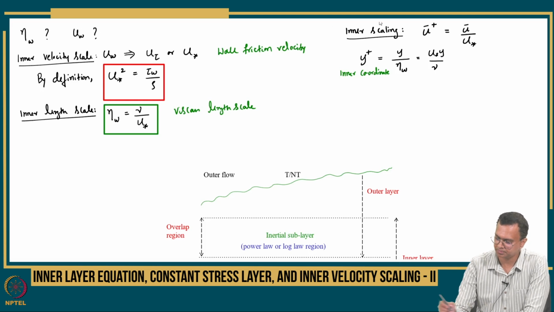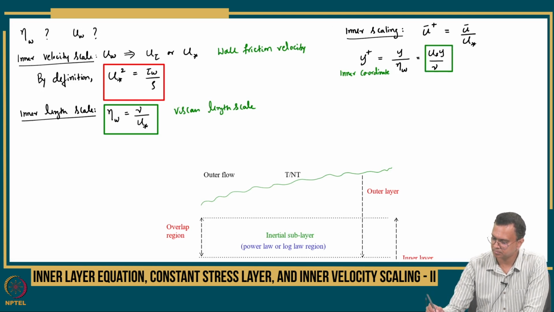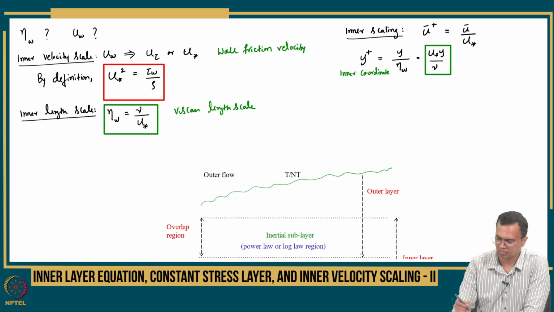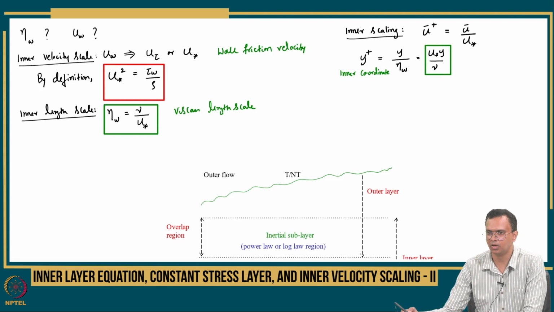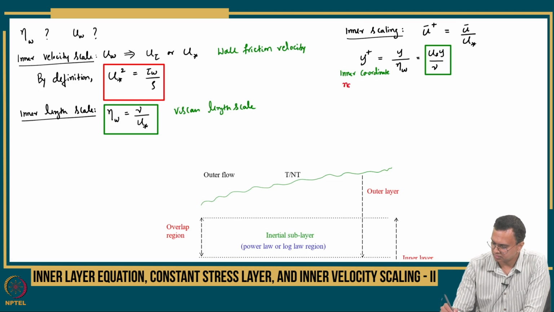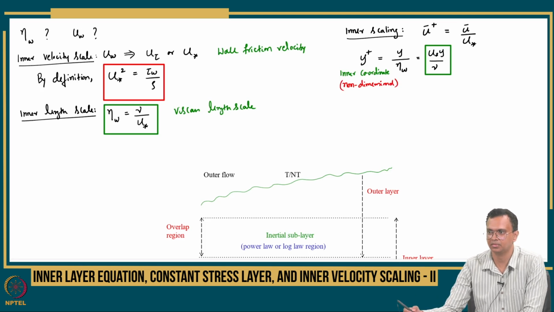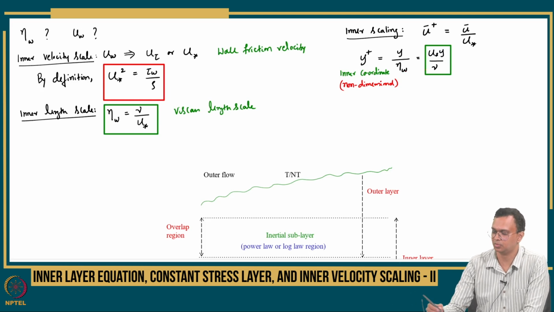If you look at it, u star y by nu, what does it look like? This is non-dimensional, right? Does it look like a non-dimensional number? Yes. So it is representing a viscous Reynolds number. So we have a local Reynolds number based on the viscous length scale eta w and wall friction velocity.